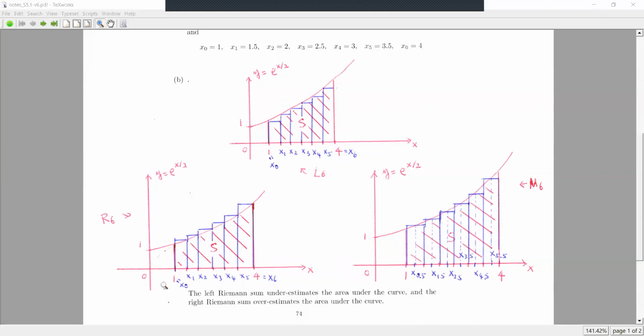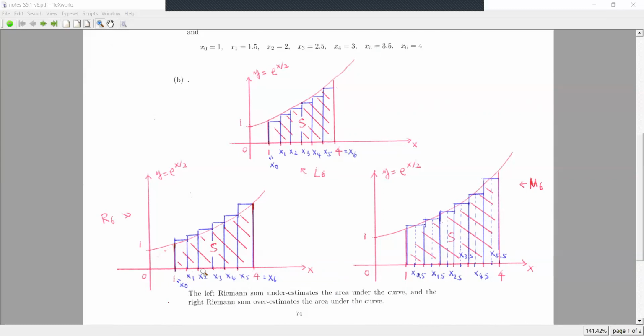This second figure is about the right Riemann sum. Okay, cut interval 1, 4 into 6 subintervals. Over the first subinterval, I use the function value at the right endpoint, x1, to build a rectangle.